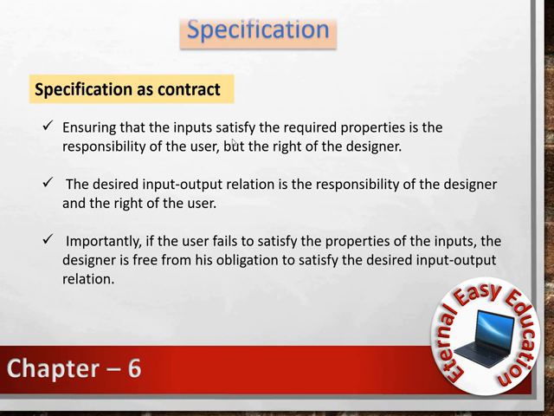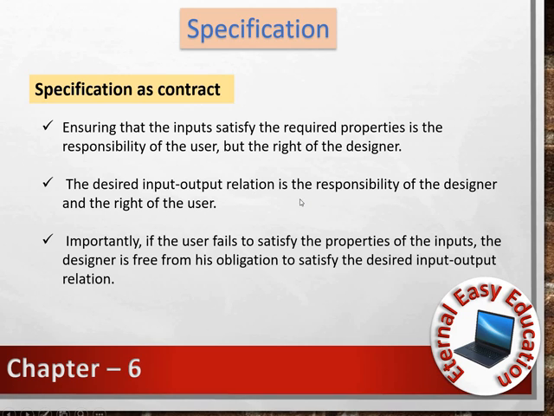What are they? Ensuring that the inputs satisfy the required properties is the responsibility of the user, but the right of the designer. So the user has to say what he requires; that is his responsibility. But making it execute is the right of the designer.